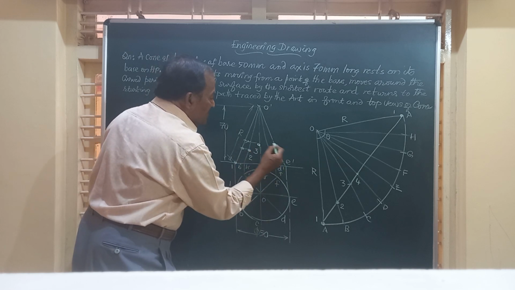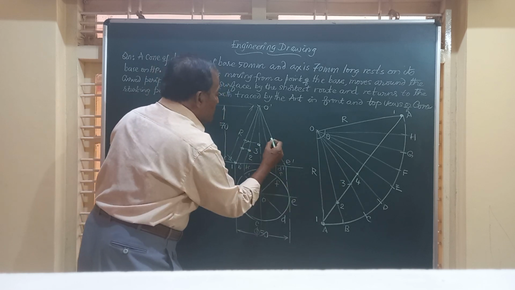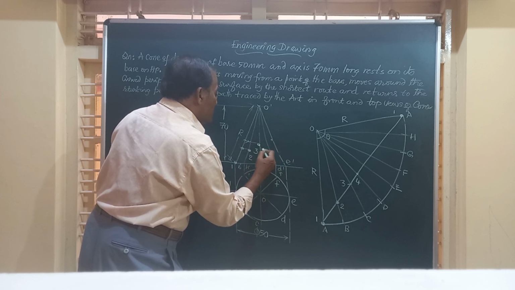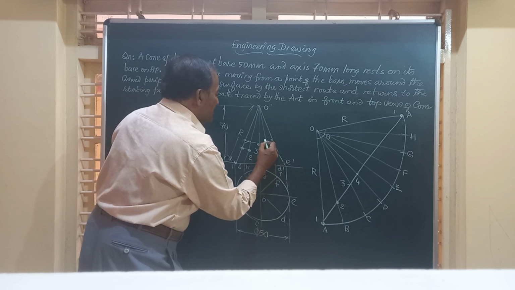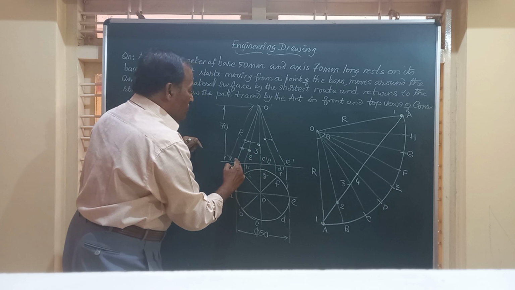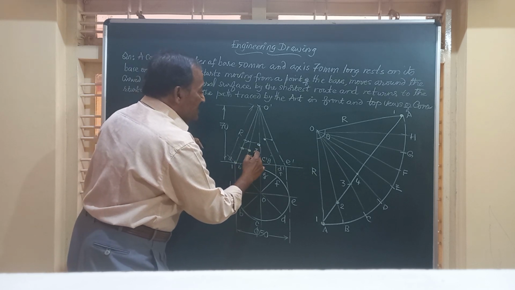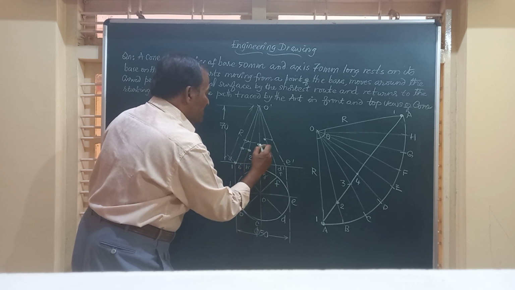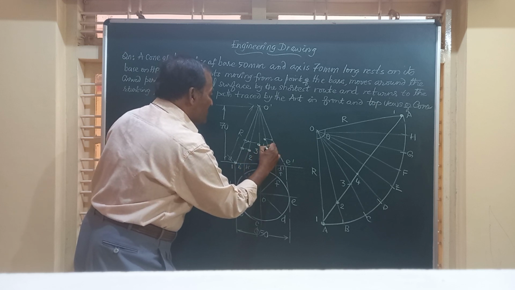And friends, shift that to, because this point will move little up. So maybe somewhere here you are going to get the point. Shift that to the point D by a horizontal line. So I am getting this point. 1, 2, 3, and this is point number 4.